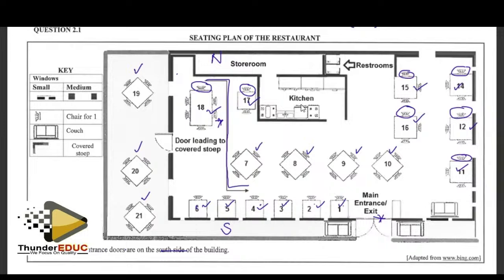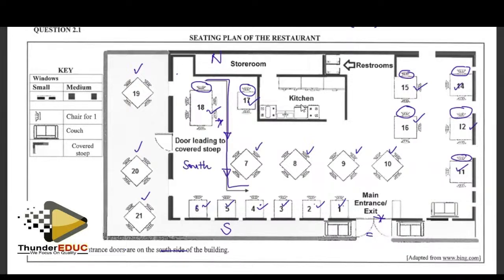Why am I saying that? Because they told me the main entrance is found at the south of the building. So the person, table 18, they will move in the southern direction because they need to move like this. They're saying describe.